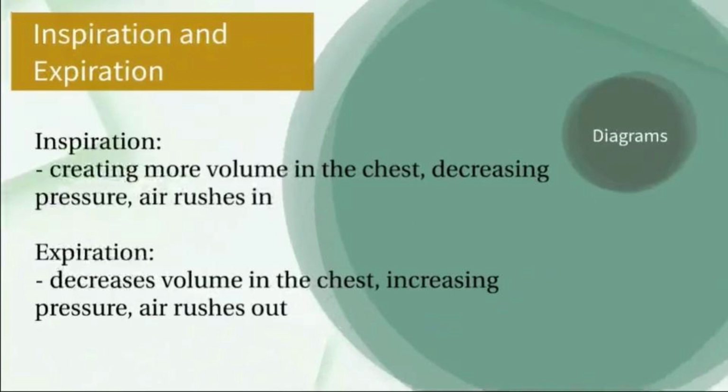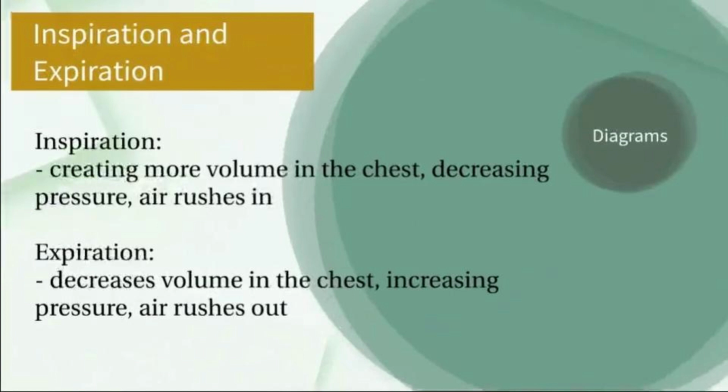Because we know from pressure gradients, which we briefly discussed last week, that when there's more space in one place, gas will move down the pressure gradient into that space. So what you would do by creating more space in the body is decreasing the pressure, creating a pressure gradient, and air will want to move into the space.